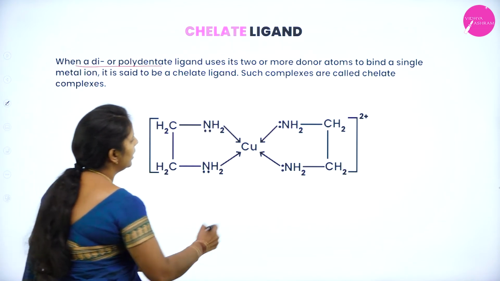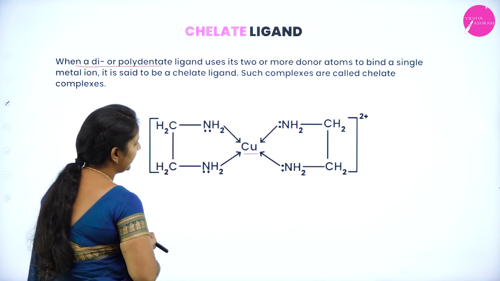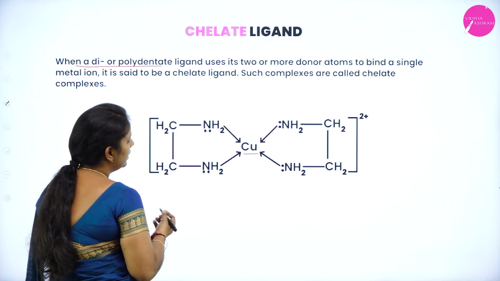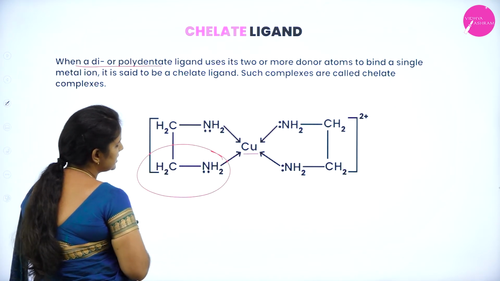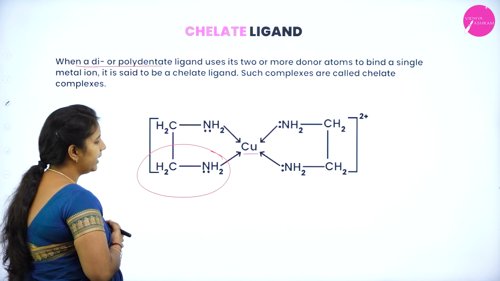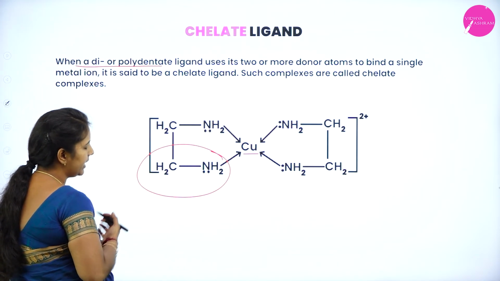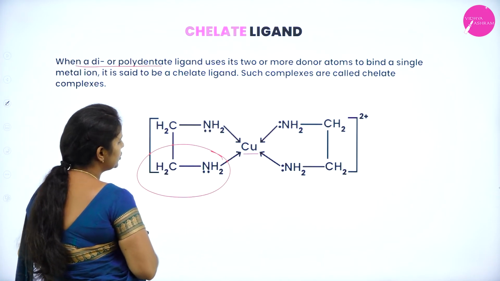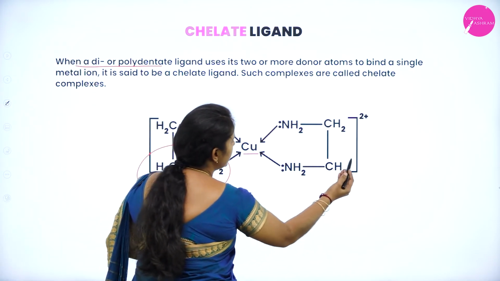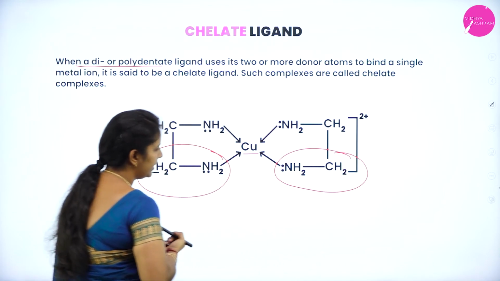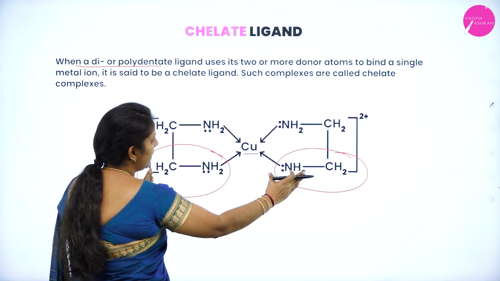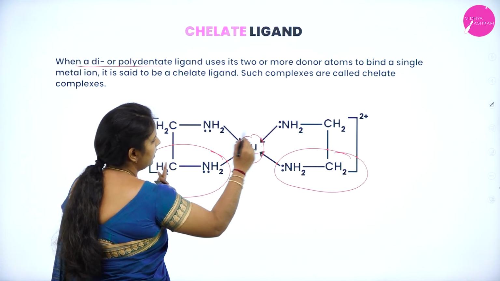You can see that copper is the central metal atom, which is surrounded by, this is a best example for a bidentate ligand. Is it right? It is a bidentate ligand, or you can say didentate ligand, because it is CH2NH2. Similarly, on the other side we have another bidentate ligand. So, these two bidentate ligands are bonded with the central metal atom.